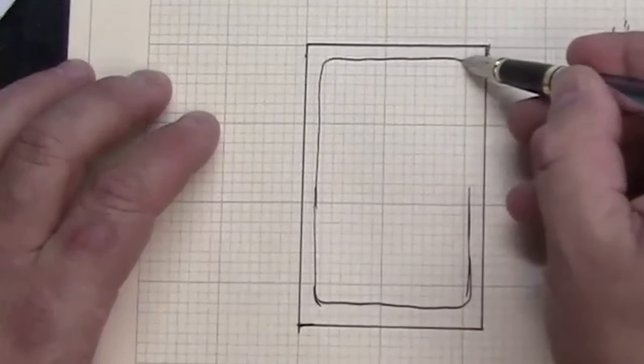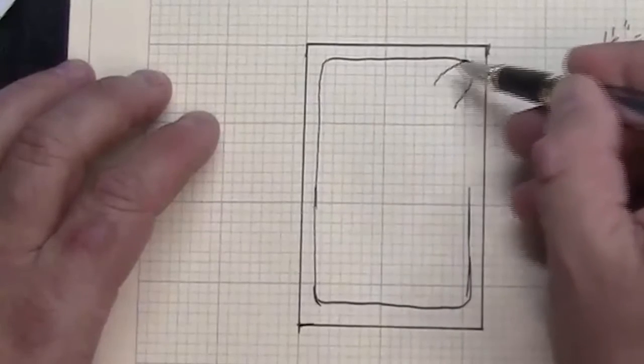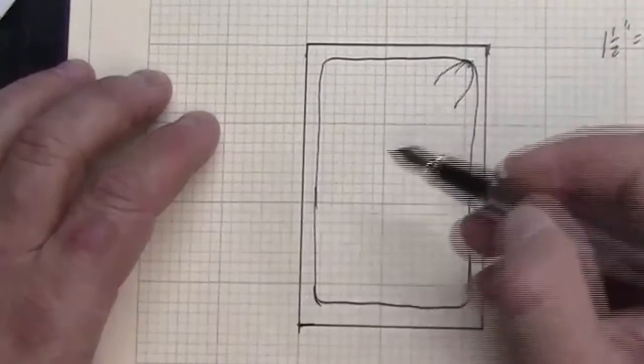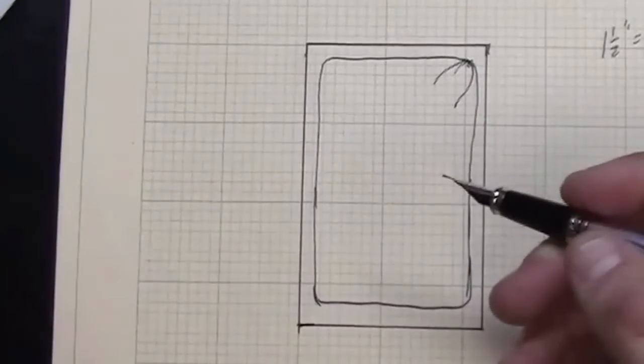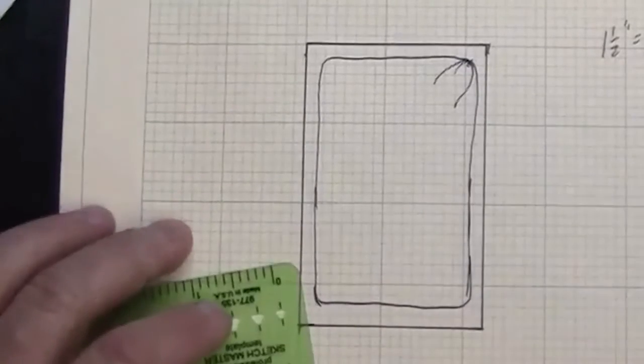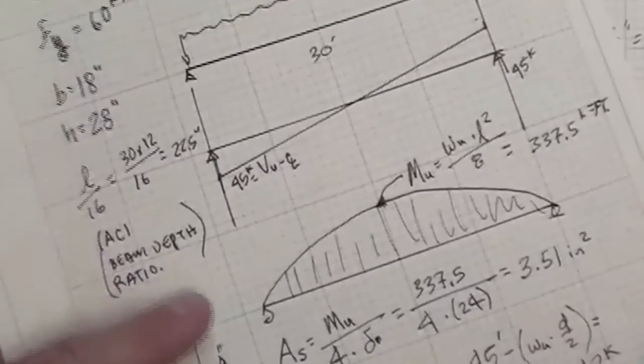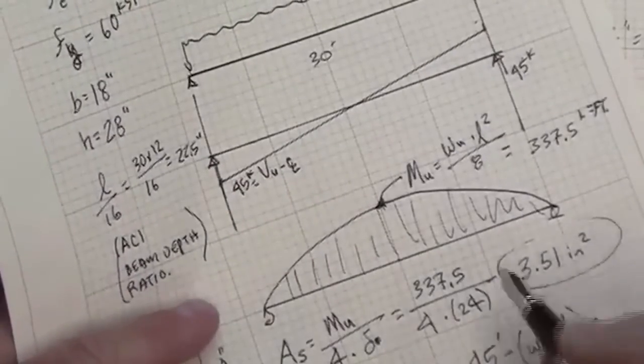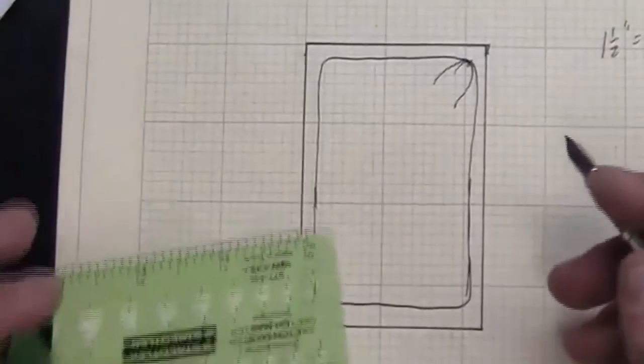This is just a rough hand sketch. And if I were looking at my steel, I said over here in my quick approximation that I'm looking for 3.51 square inches of steel.